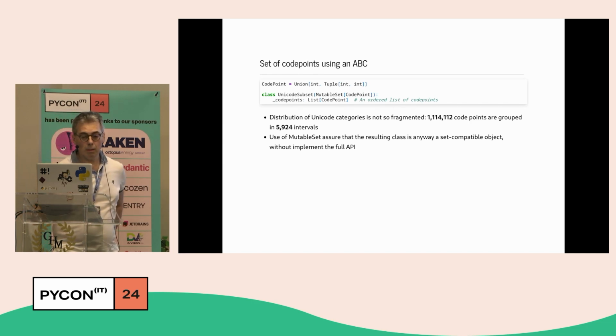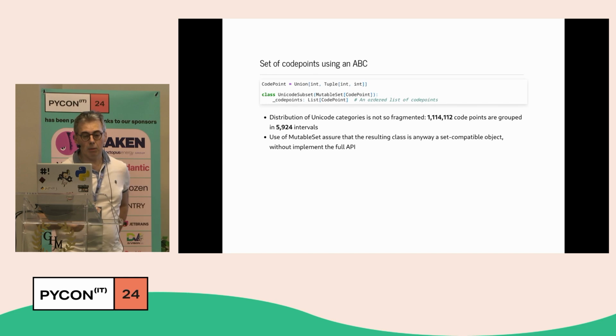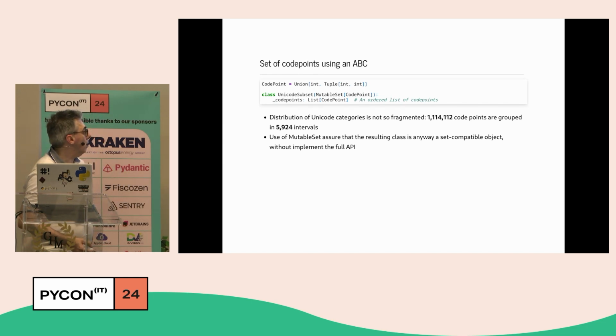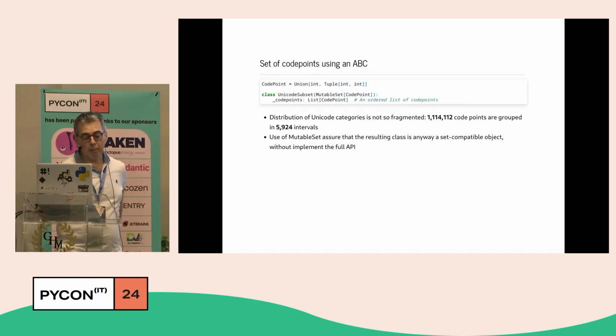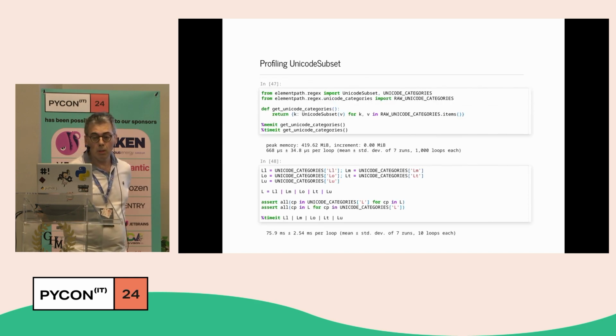The characteristic that permits this is the fact that code points are grouped in about 6,000 intervals, so it's processable, and most of them are in the undefined set. So using an ordered list, I can process it as a set with the full API of a set, with the operations that I need to process XML regular expressions.